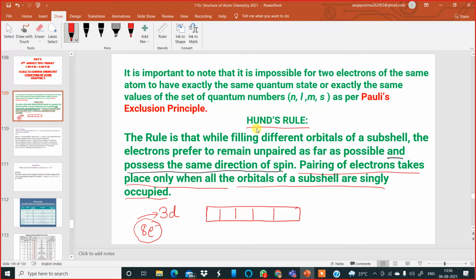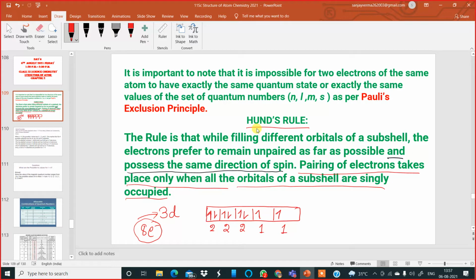The electrons will start entering the orbitals singly. Out of these 8 electrons, 5 electrons fill the orbitals singly, and then the remaining 3 electrons pair up. So now check: 2 electrons here, 2 here, 2 here, 1 here, and 1 here. This is called Hund's rule.